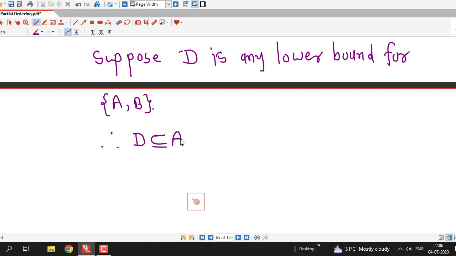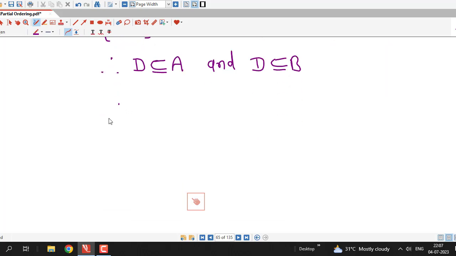Therefore D is a subset of A and D is a subset of B. Now if D is a subset of A as well as D is a subset of B, then we must have D subset of their intersection.